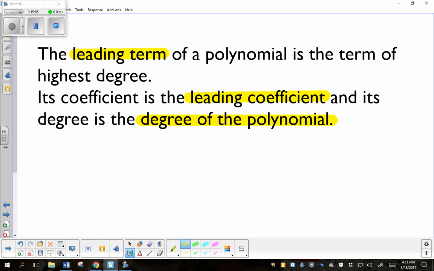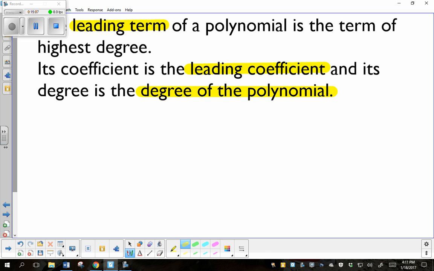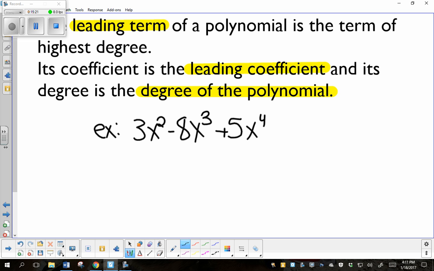So we're going to do an example down here. We're going to make a chart again. I'm going to give you a big polynomial as our example: 3x squared minus 8x cubed plus 5x to the fourth plus 7x minus 6. It's a long polynomial. The first thing I'm going to do is make a chart.